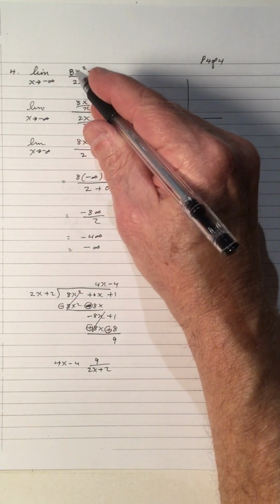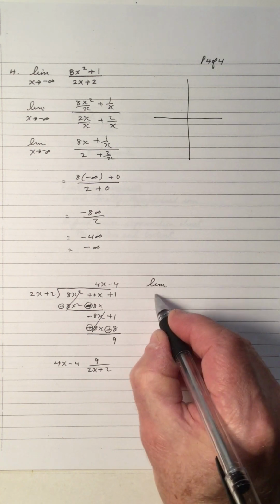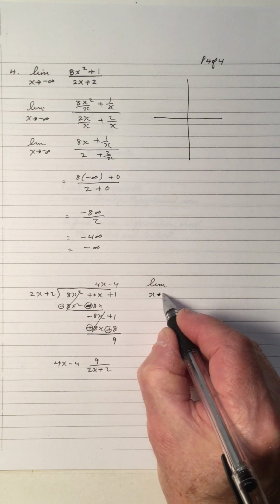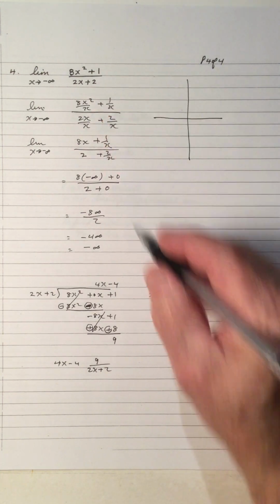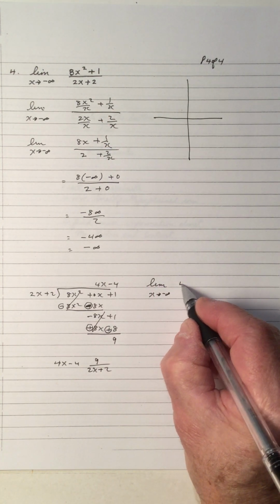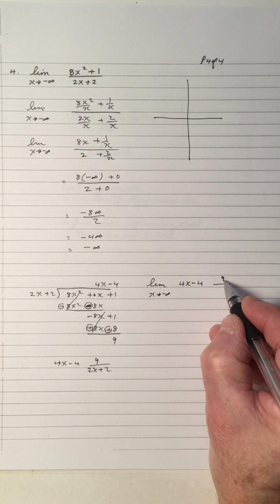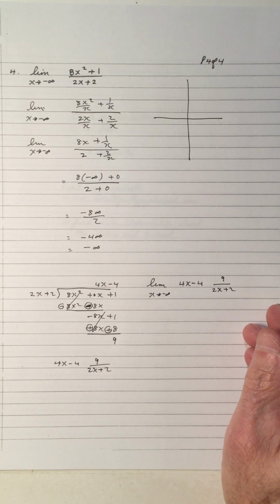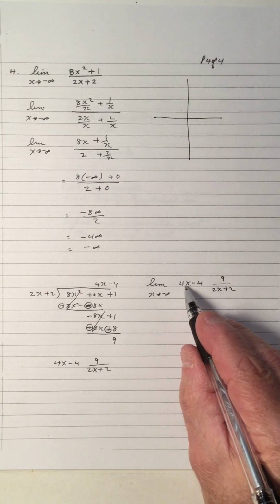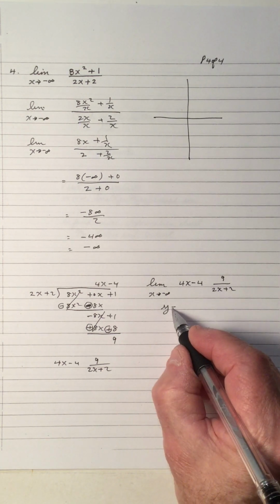So this limit, if you think about it, is the limit as x approaches negative infinity. So this expression here becomes 4x minus 4 plus 9 over 2x plus 2. That means this is the horizontal asymptote, the oblique asymptote. We have to be careful.